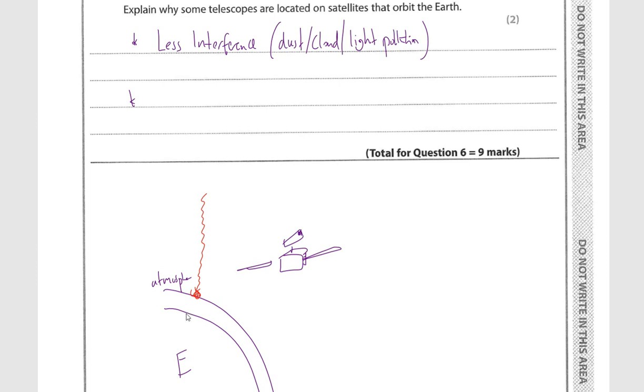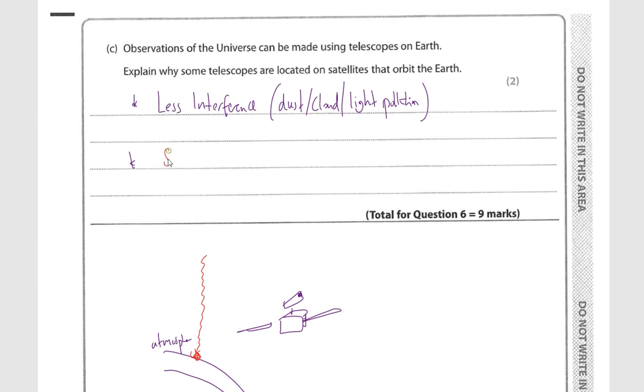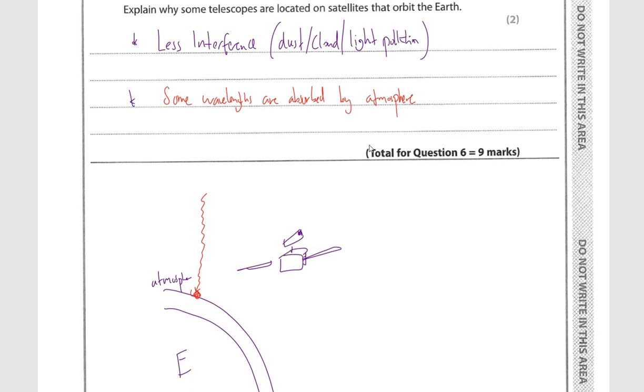So what we need to say is some wavelengths are absorbed by the atmosphere. Therefore, by having the telescope on a satellite in orbit, the waves coming up can reach the satellite and we can detect them.